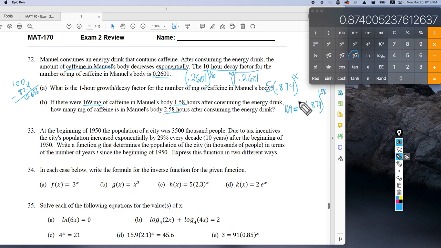So the starting value is going to be equal to 169 divided by 0.874 raised to the 1.58.